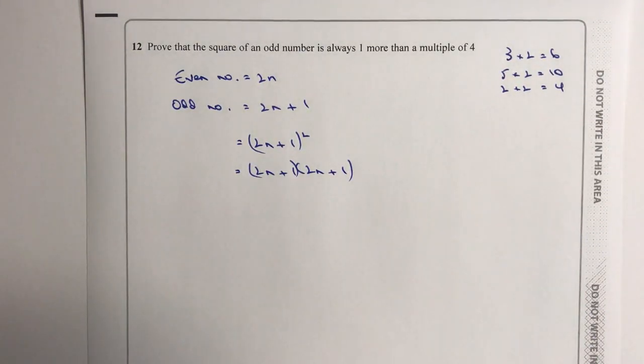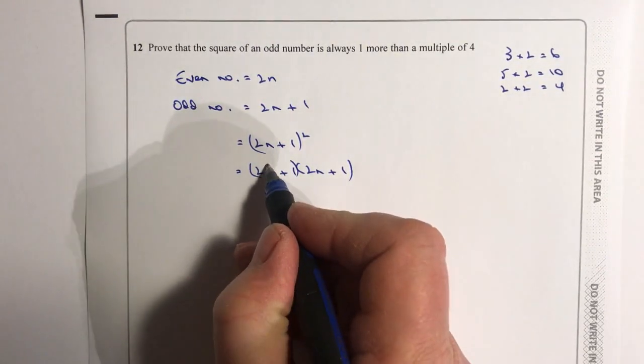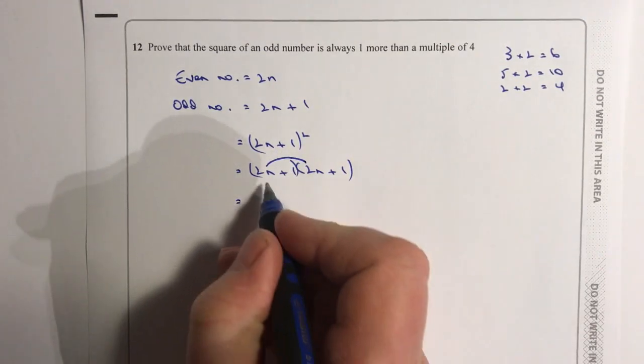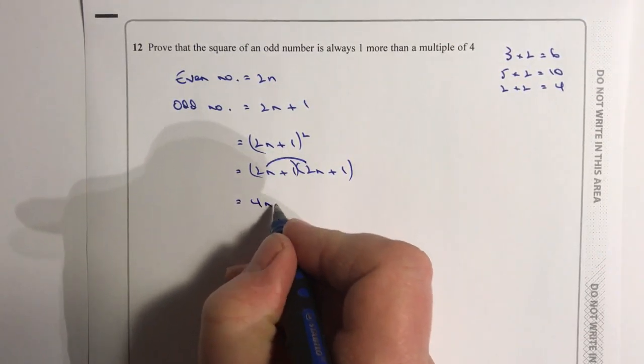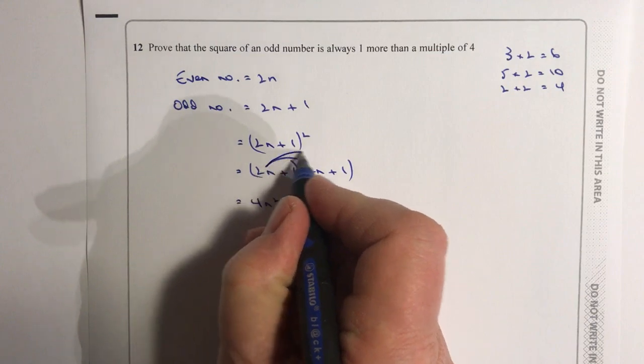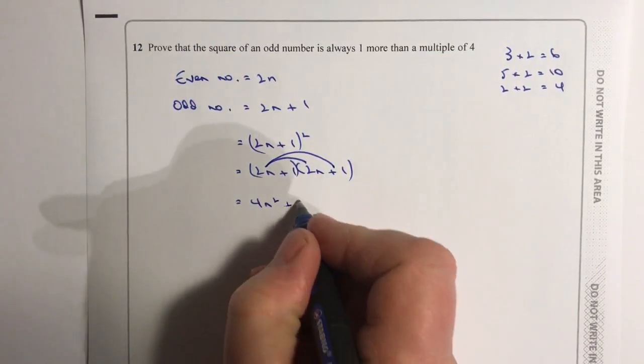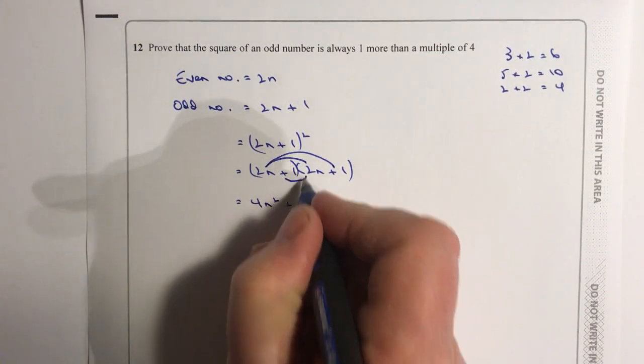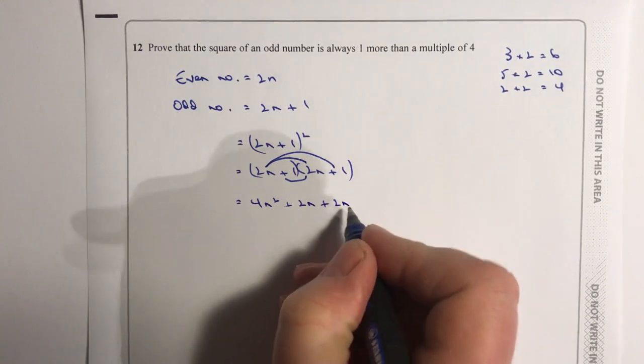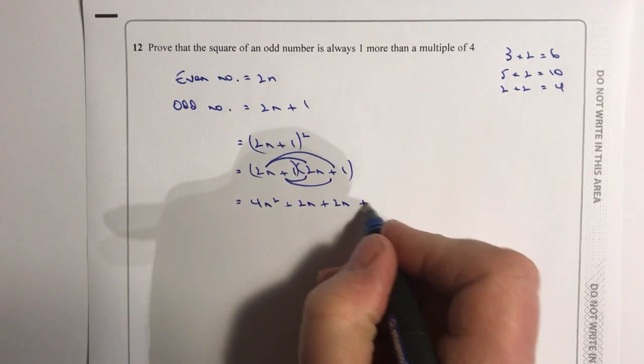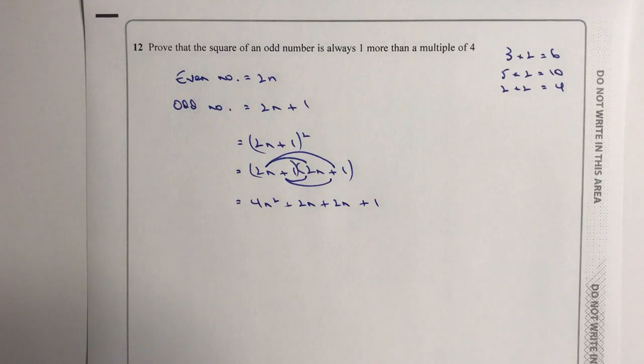Now again, you might use a partitioning method or some sort of grid method of doing this. For me personally, I tend to prefer to multiply out by saying 2n times 2n is 4n squared. 2n times plus 1 is plus 2n. Plus 1 times 2n is also plus 2n, and then plus 1 times plus 1 is plus 1.